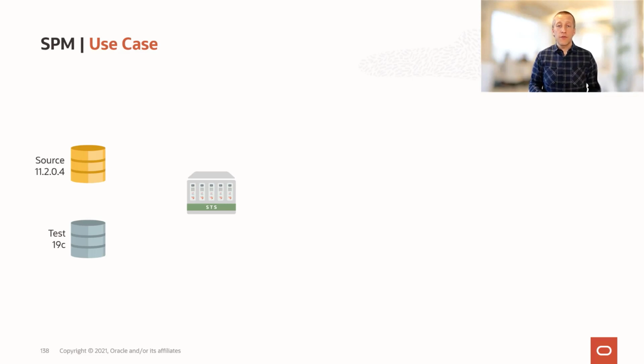Now, a use case for upgrade and migrations and SQL Plan Management. In this situation, we have our source database running on 11.2.0.4, and I capture all my good plans into a SQL tuning set. In my test database, I identify the regressed statements and I tune them and come up with good plans, and I put those in my SQL tuning set as well.